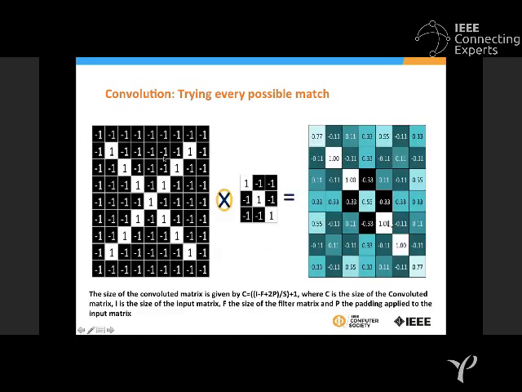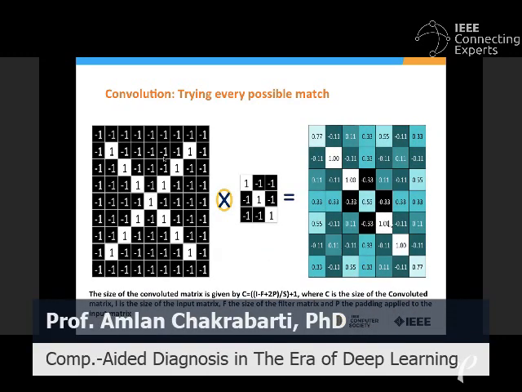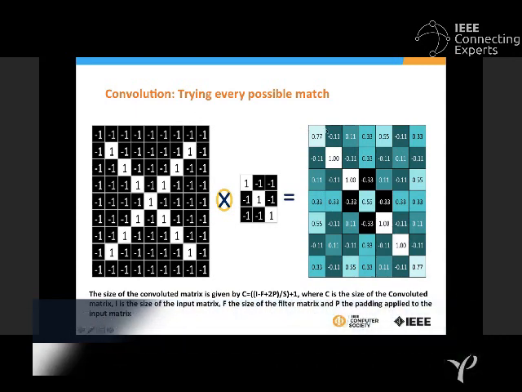Okay, but if we look carefully, we see that the size of this convolution output and the size of the initial image matrix are a little bit different. The initial image matrix was a bit larger than the outcome of the convolution filter.